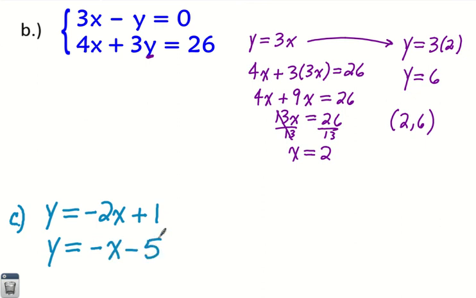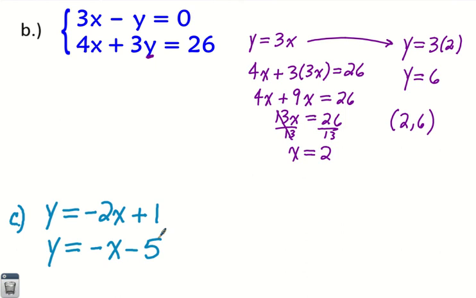Okay? I just want to point out really quick that if you have a system like this, which is not exactly rare, both of these equations are solved for y. So from the beginning here, we were saying like step 0, you need to know what x equals, or you need to know what y equals based on one of the equations. Well, here we go. Look at this.